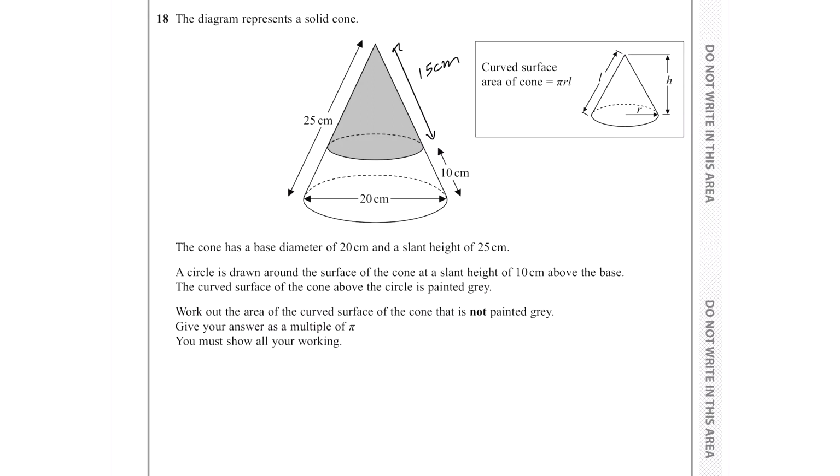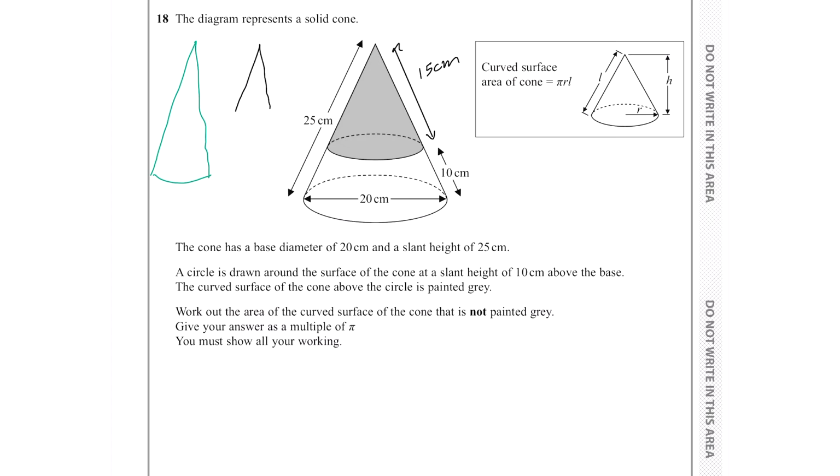Okay, so we have the full cone and a bit shaded, and they want us to find the bit that's unshaded. Right, so in terms of this cone, if you have the full cone drawn like so, and then we have the grey bit, I'll use a darker colour for that.